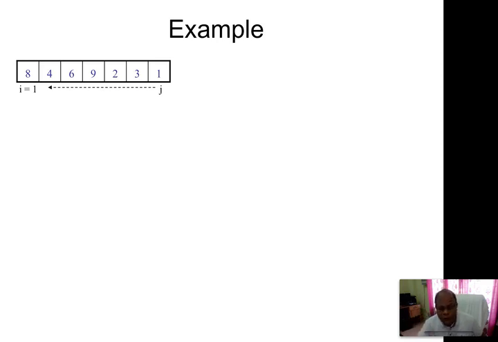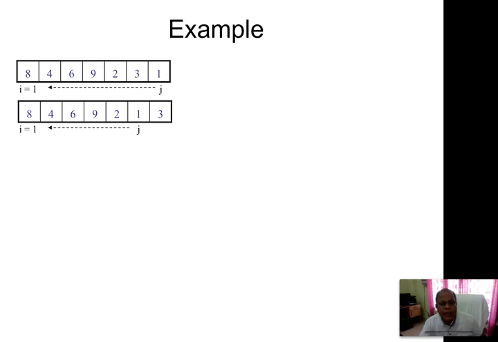Here i will be 1 and j will be n, hence you compare a[j] with a[j minus 1]. That means here 1 and 3 will be compared. In the first array figure, 3 is greater than 1, that means 1 should be placed to the left of 3, because you are sorting in ascending order. Hence you exchange 1 and 3.